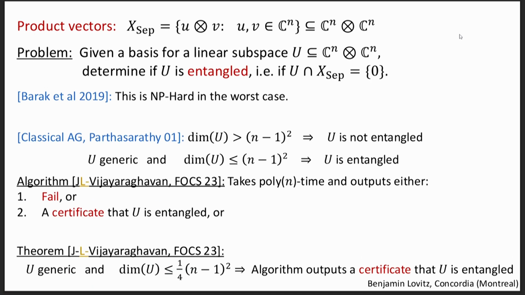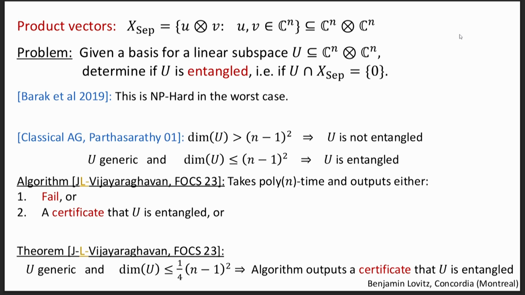So this talk is about follow-up work to a talk I gave at QIP 2023, which was joint work with Nathaniel Johnston again and Aravind Vijayaraghavan. We presented an algorithm which either outputs fail or outputs a certificate that U is entangled. It's a polynomial time algorithm, and we prove the following guarantee for it.